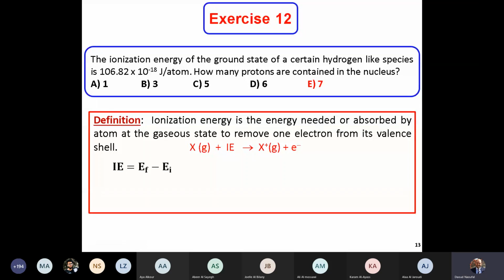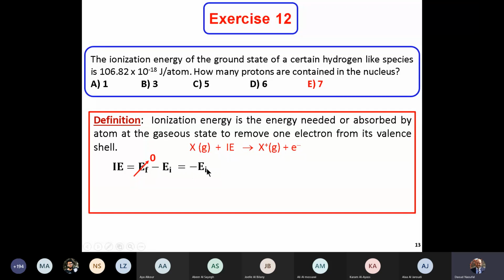According to Bohr theory, the energy of hydrogen or hydrogen-like is given by En equal minus 13.6 divided by n square times Z square. When the electron is ejected outside the atom, meaning n equal infinity, minus 13.6 times Z square divided by infinity is equal to 0. So E final in this case is equal to 0. And the ionization energy is equal to minus EI.